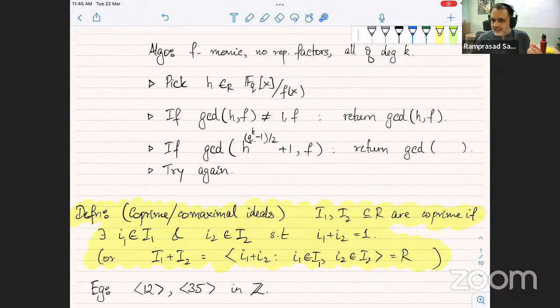But if an ideal contains 1, it must contain everything, because if A is in the ideal, then for any polynomial f, f times A must also be in this ideal. So this will basically force this ideal to be the entire ring.